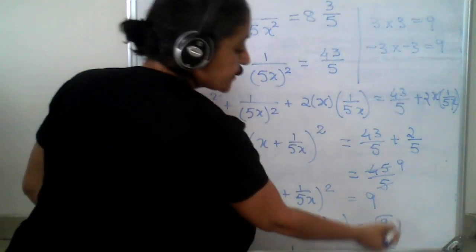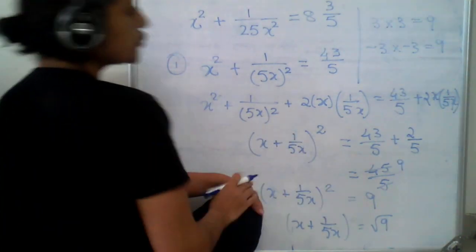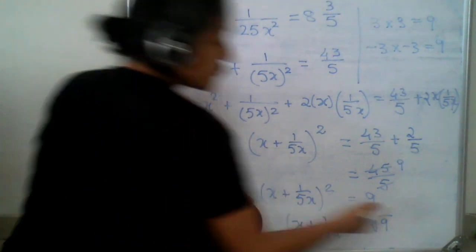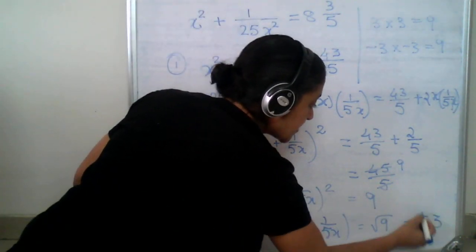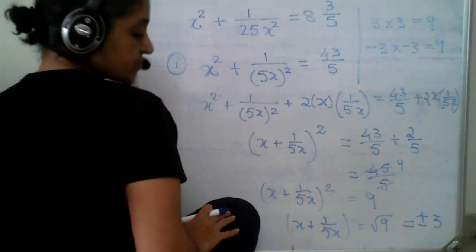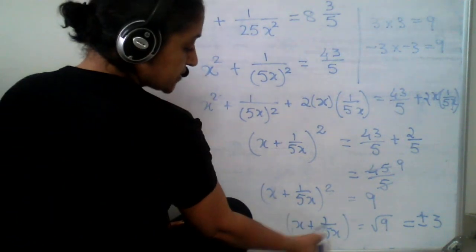So do we have any clue whether it is a positive 3 or a negative 3 that is squared? We do not know. So we have to have this answer as plus or minus 3. It is very important to mention the plus or minus 3 sign here. So once we are done with this, we see here x plus 1 by 5x.